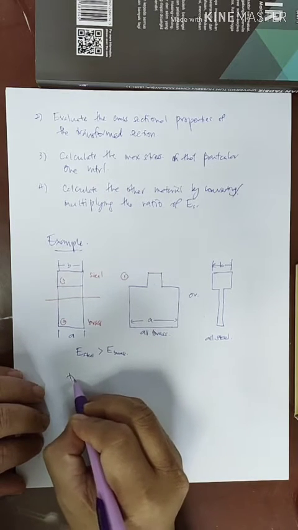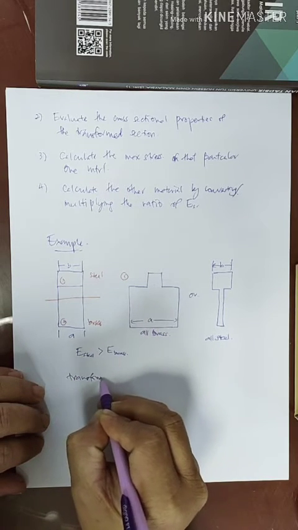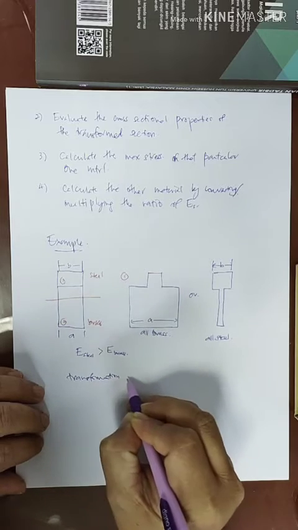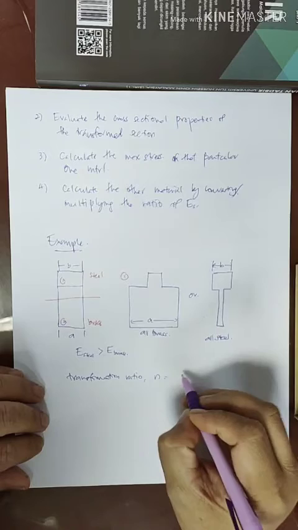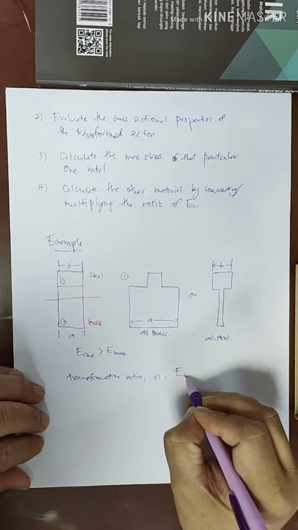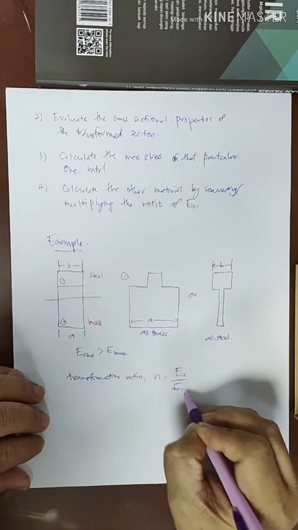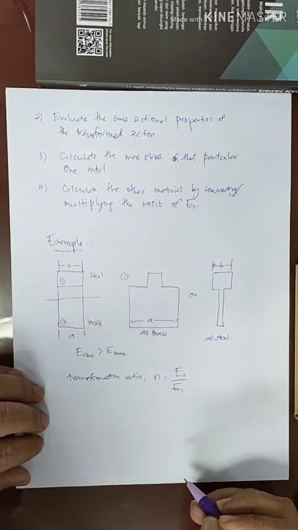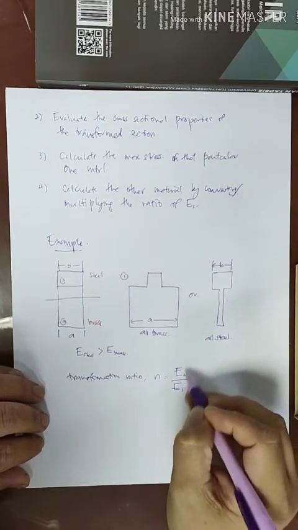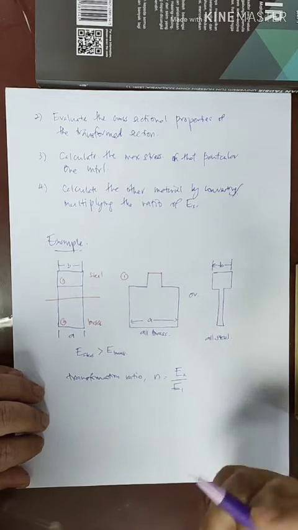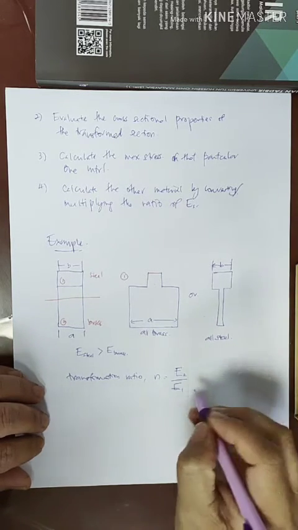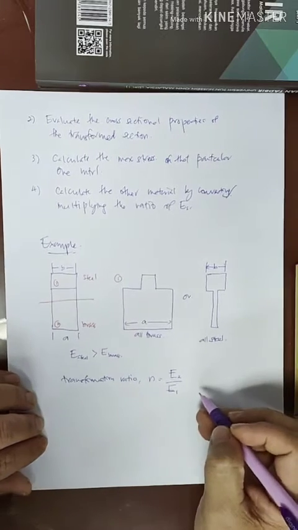By using the transformation ratio n, representing E2 and E1. So how can you set E1 and E2 on the top side or the bottom side? The trick is something like this.